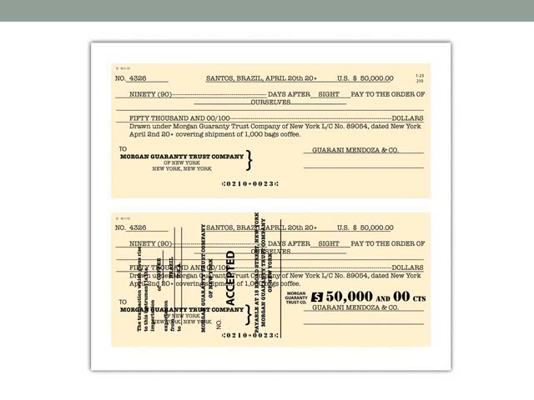So the slight difference between a draft and a check is a draft will have a payable out date, and I'm going to point that out in a second. And a draft is issued by a bank.